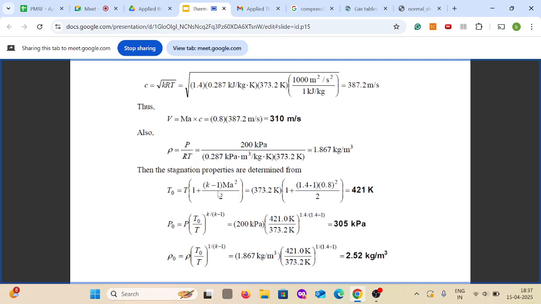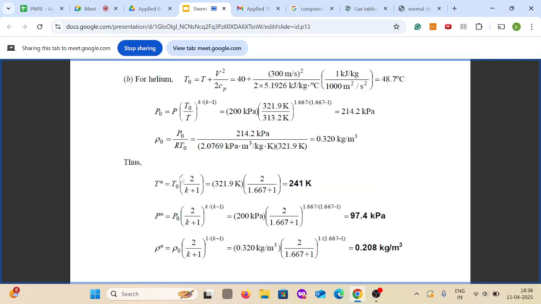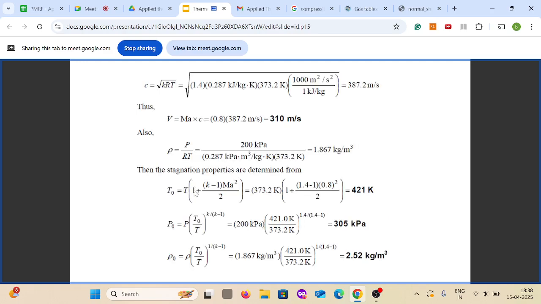So the only ratio required is T naught by T, so we can find the rest assuming an isentropic condition, isentropic compression between the 2 points, the stagnation and the inlet temperature and pressure. Here the same formula, if you assume Mach number as 1, becomes (k plus 1) by 2, which is what we used previously to find out the critical ratio. So it's the generalized formula: T naught is T times 1 plus (gamma minus 1) into Mach square by 2.